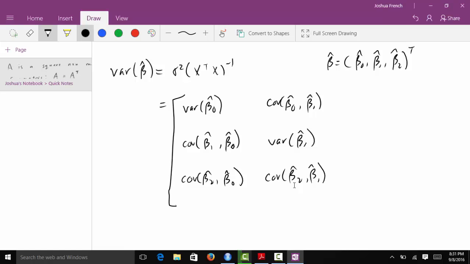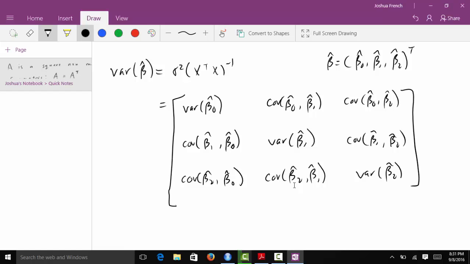And in this last column, we're going to have the covariance of beta naught hat with beta 2 hat, the covariance of beta 1 hat with beta 2 hat, and then the last one is going to be the variance of beta 2 hat. Okay, so this 3 by 3 matrix is what sigma squared times x transpose x inverse is actually computing.